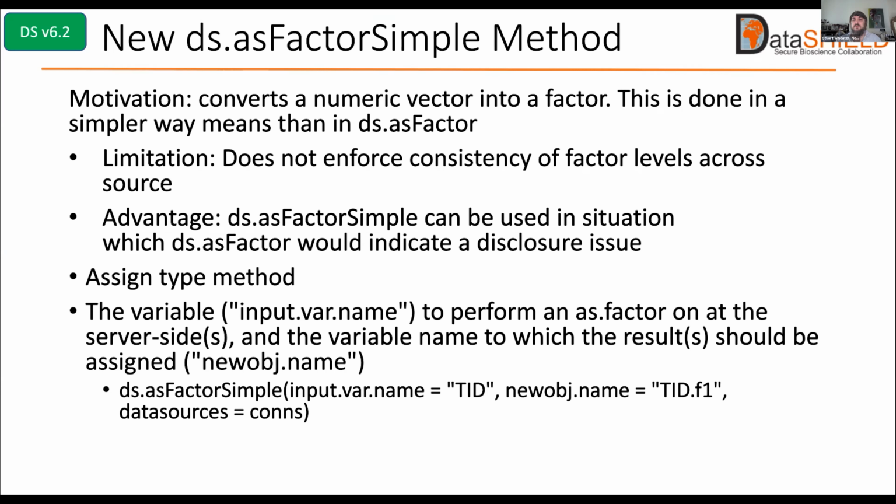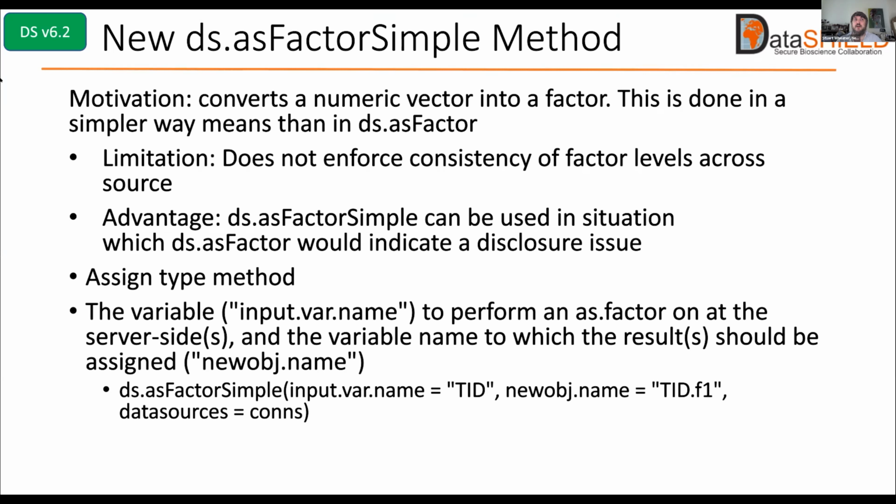So what Dimitri has done is add a new function, ds.asFactorSimple, and what that does is it's like a simplified form of the original ds.asFactor, and what it doesn't attempt to do is enforce the consistency across the data sources.